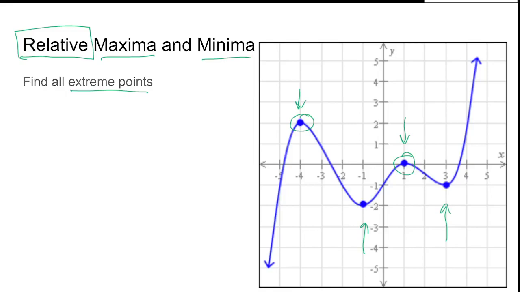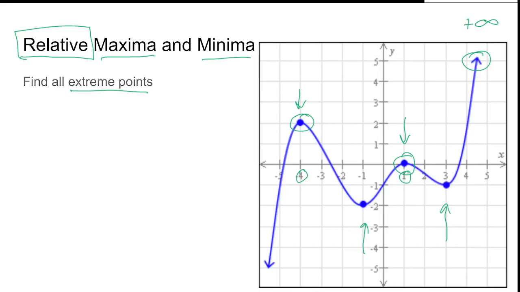So this one at -4 is the big kahuna for its area, and this one at 1 is the big kahuna for its area. Notice neither one is an absolute maximum, because this graph is going to go up to infinity, so there really is no absolute maximum, or we could say the absolute maximum is positive infinity, because it just doesn't stop going up.